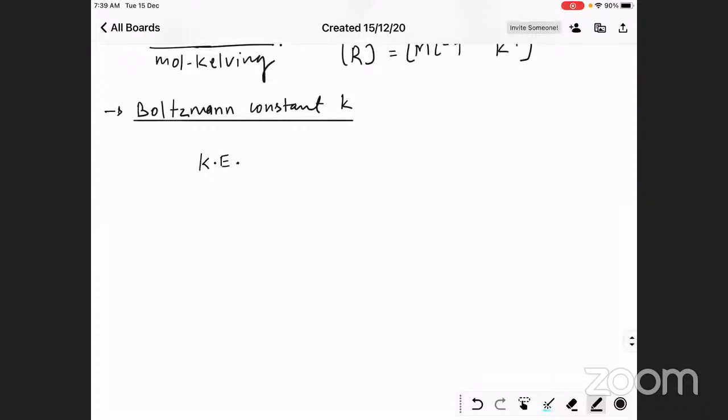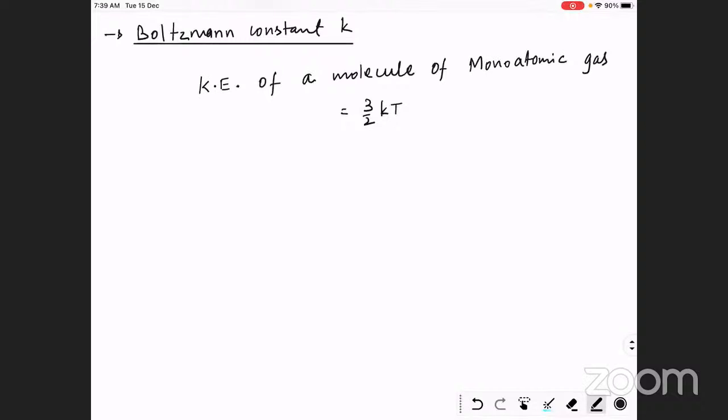The kinetic energy of a molecule of monoatomic gas is given by 3/2 kT, where k is the Boltzmann constant and T is temperature. 3/2 is a number, which I'll explain: kT by 2 along the x-axis, kT by 2 along the y-axis, and kT by 2 along the z-axis, 3 degrees of freedom. Do you remember anything like that?